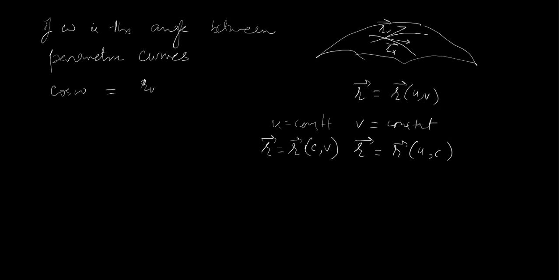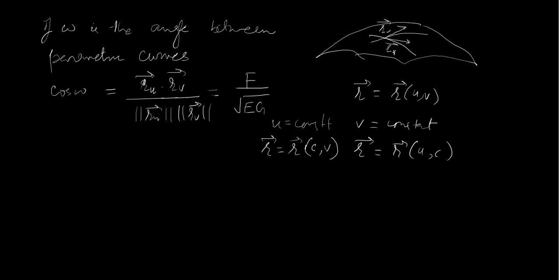It would be r sub u dot r sub v divided by norm of r sub u into norm of r sub v. And writing it in the language of the first order fundamental magnitudes, it would be just F divided by square root of EG.